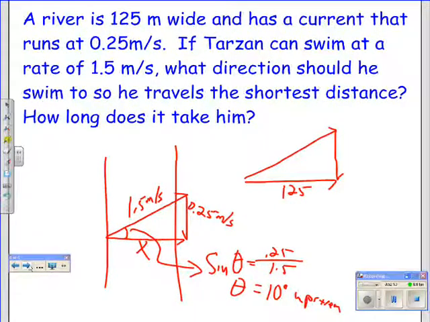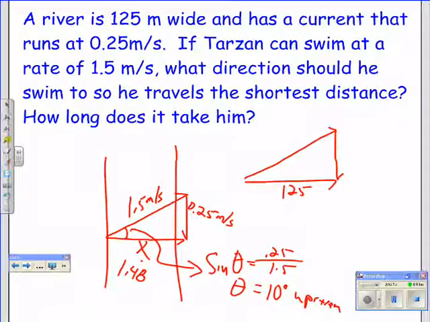So how fast is he actually swimming is what we need to find out in order to solve that. How would we solve for how fast he's swimming? Pythagorean theorem. 1.5 squared minus 0.25 squared, take the square root. How fast is he swimming? 1.48?